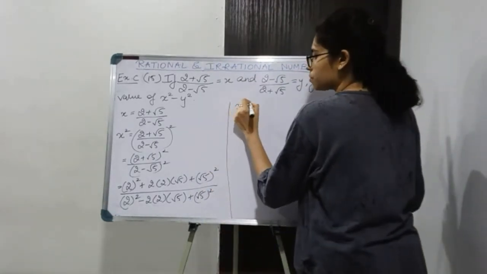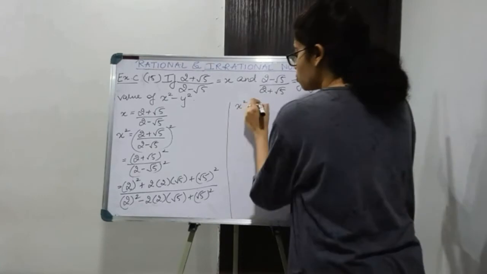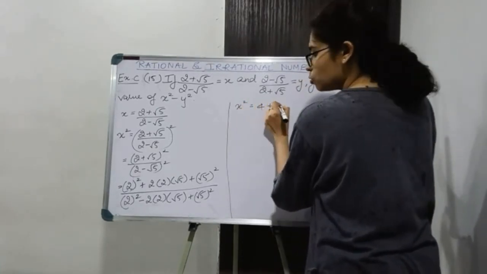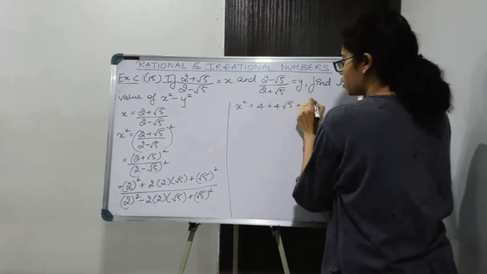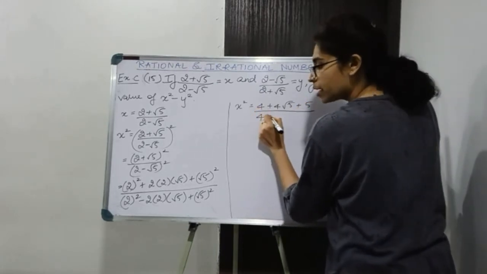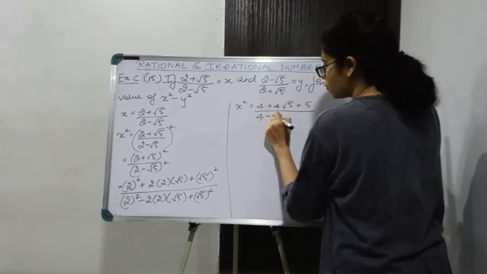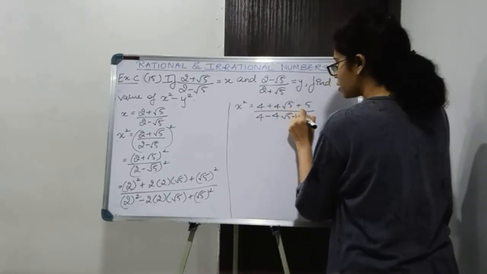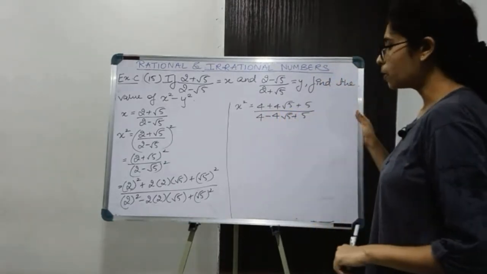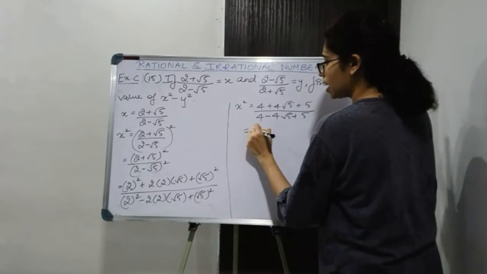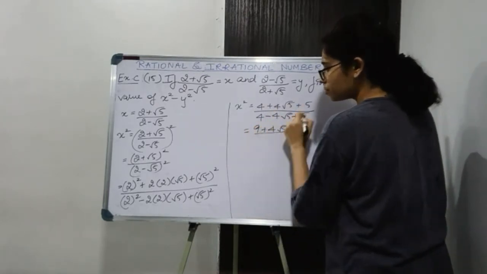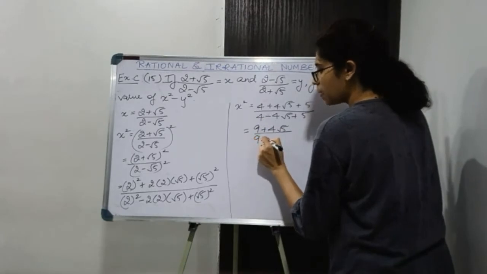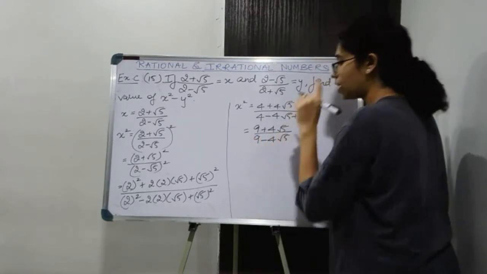So 2 square is 4, 2 2s are 4, root 5 will remain as it is, root 5 square gives 5. यहाँ पे again 4 minus 4 root 5 plus 5. Okay, so this will be 9 plus 4 root 5, 4 plus 5 ऐड हो जाएगा. यहाँ पे भी we'll get 9 minus 4 root 5.